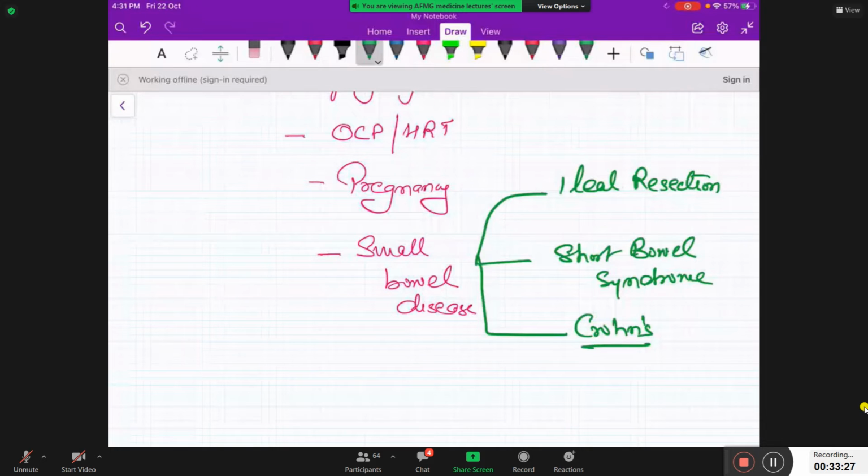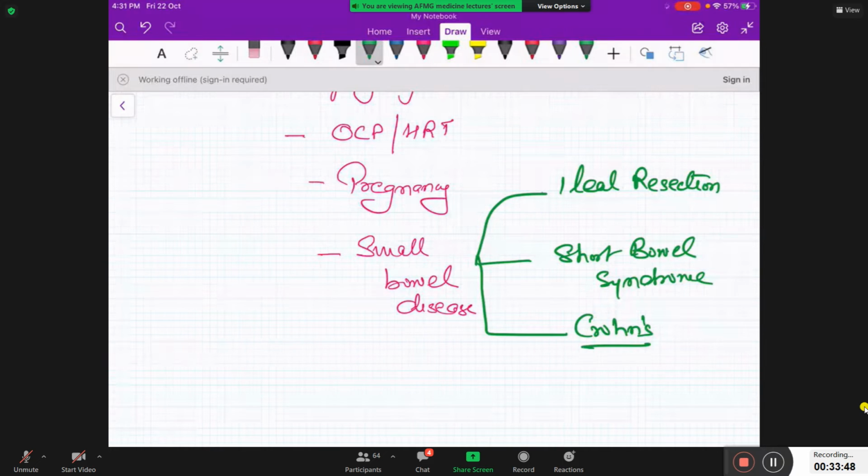There is a part of the bile which gets absorbed, where? Which part of the small bowel? Ileum. The terminal ileum is the part of the bowel where the bile gets absorbed and goes back to the liver, the enterohepatic circulation.